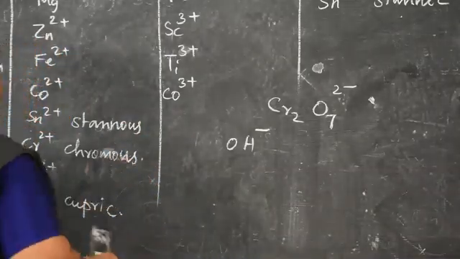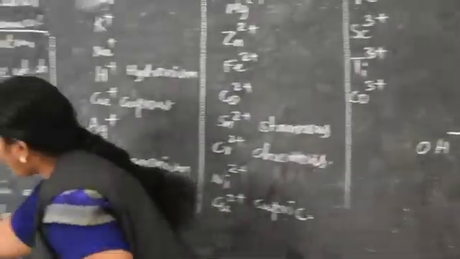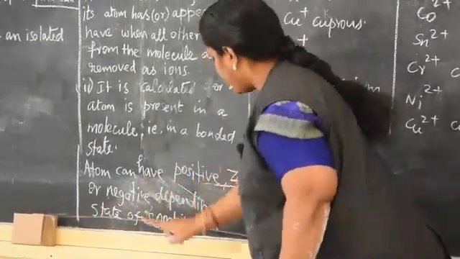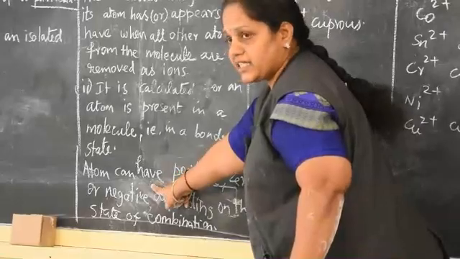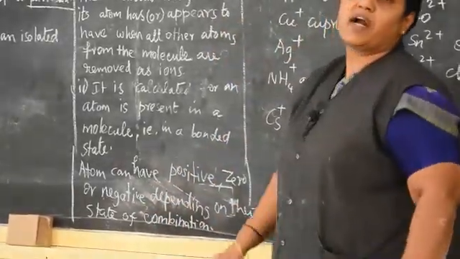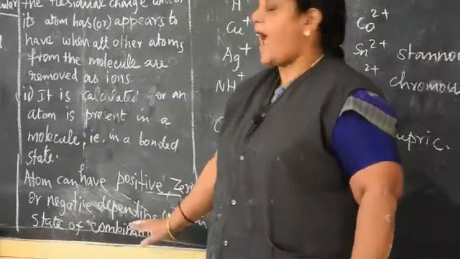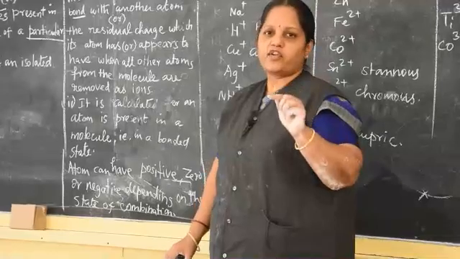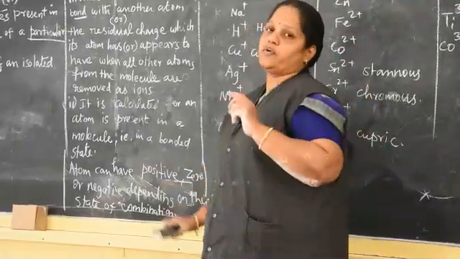An atom can have positive or 0 or negative oxidation number depending on the state of combination. Depending on state of combination, atoms can have either positive number, negative number or 0.